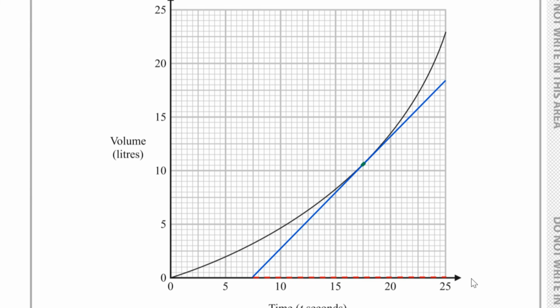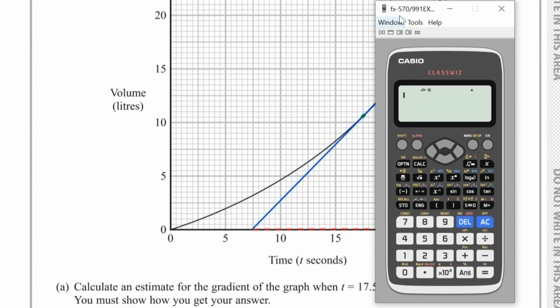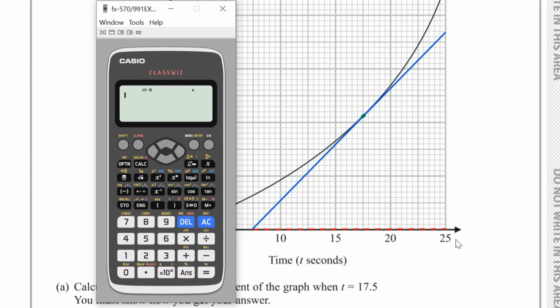We can find out how much we go across by. So the amount we go across by is equal to 25 subtract 7.5, which is 17.5. So we have 17.5 seconds.